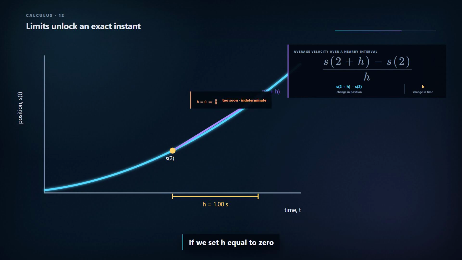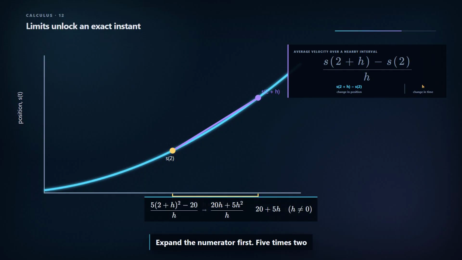If we set h equal to 0 immediately, both changes vanish, and we get 0 over 0. But while the second point is nearby, h is not 0. Expand the numerator first. 5 times (2 plus h) squared minus 20 becomes 20h plus 5h squared.